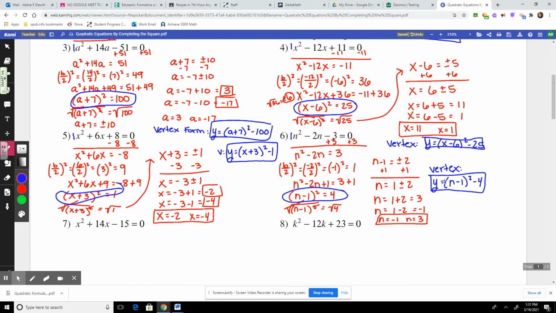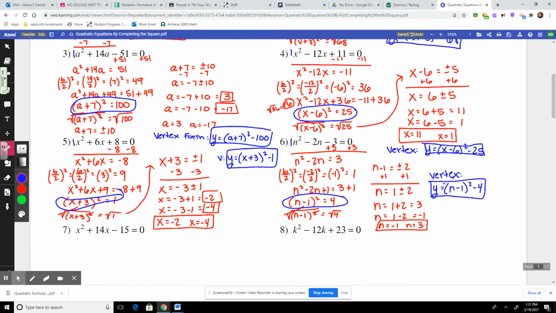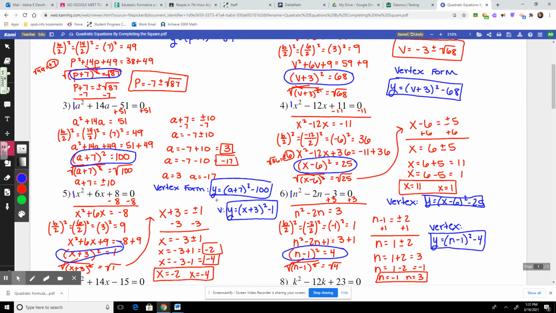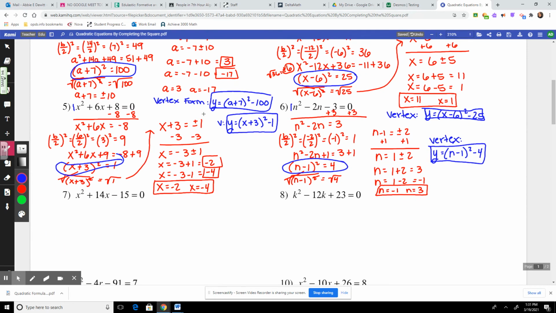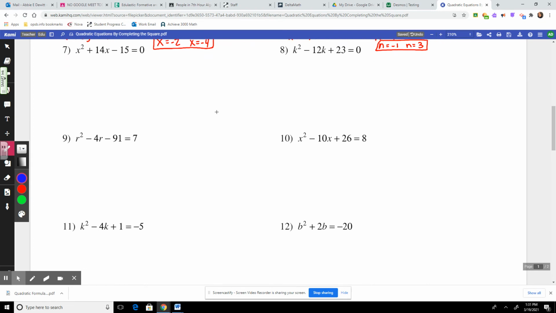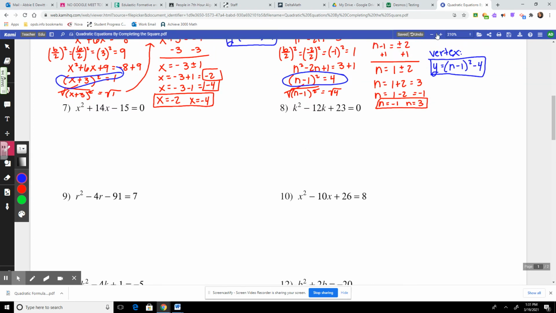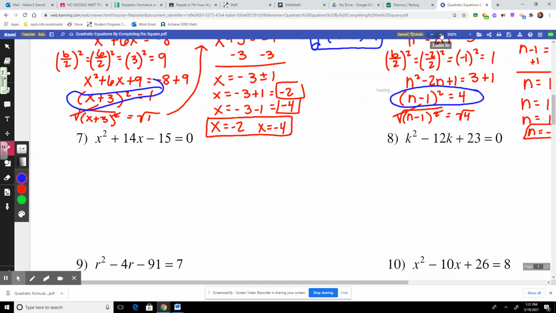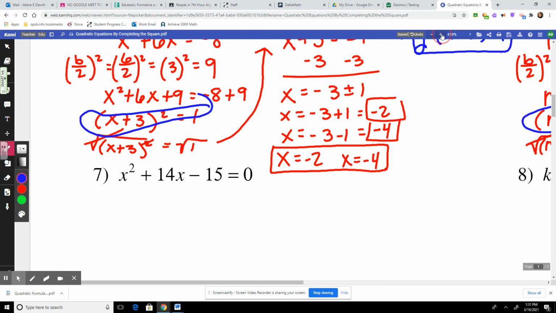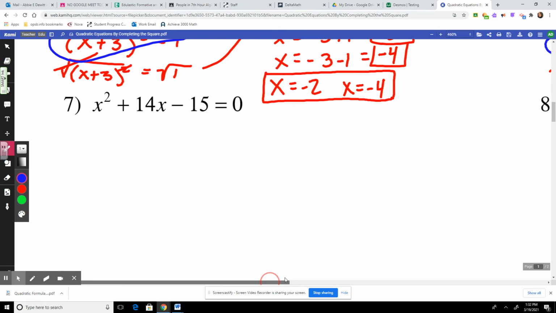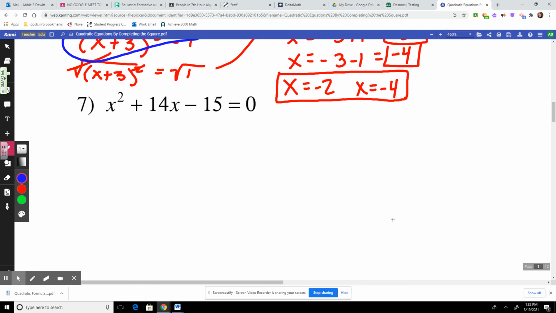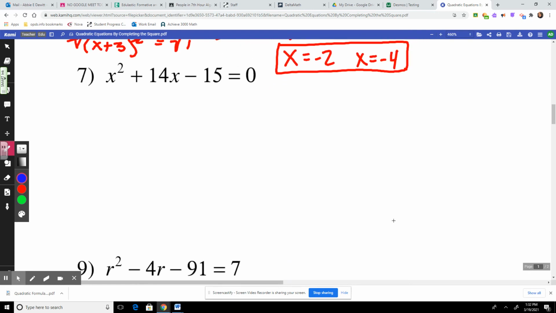Therefore, my coefficient for my a value in the vertex form for all these is just positive 1. Okay? So pay attention to your a value in regards to that. Okay, let me zoom back in. Because I think there's one on your Edulastic assignment where a is not 1. I believe a was negative 1. So just pay attention to your a value.